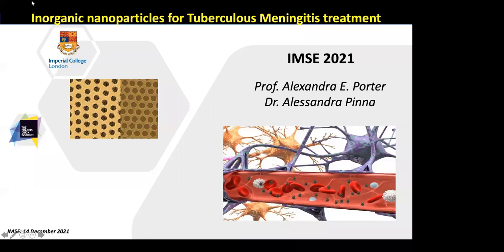She also designs new nanomaterials to cross the blood-brain barrier and to treat Parkinson's disease, tuberculosis and breast cancer. Dr. Pina is an Imperial College Research Fellow for the Department of Materials. Her research interests focus on design, synthesis, and characterization of inorganic nanoparticles and nanocomposites for biomedical applications, in particular drug delivery and antioxidant systems. The nanocomposite particles are used for the treatment of neurodegenerative diseases, osteoporosis, cancer, and tuberculosis meningitis. Thank you to our speakers, and I will hand over to them now.